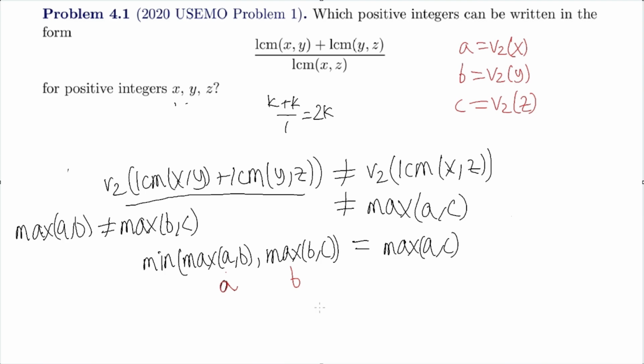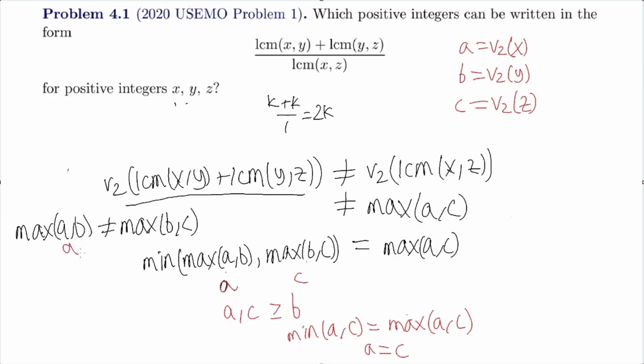And then there's a final case where this is C instead. And that means that A and C are both greater than or equal to B. And so minimum of A and C is equal to max of A, C. But this requires A equals C, because if the minimum equals the maximum, then clearly the two numbers must be equal.